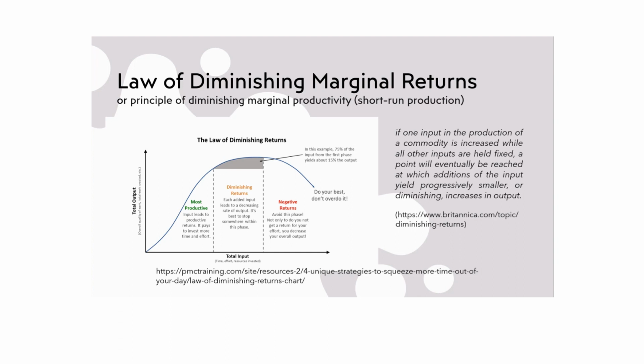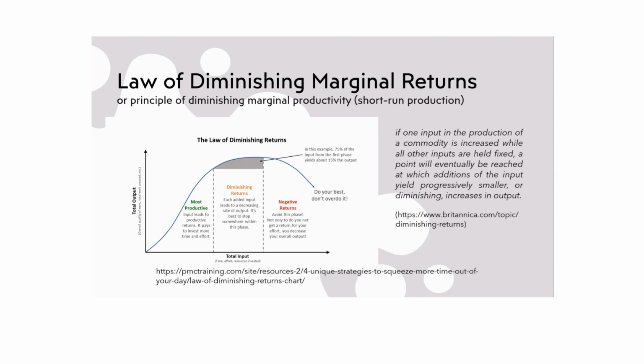This principle is only applicable, observable in the short run, during the short run production. Why? Because LDMR operates only when variable inputs, for example labor, are used with fixed input, like facility and equipment.